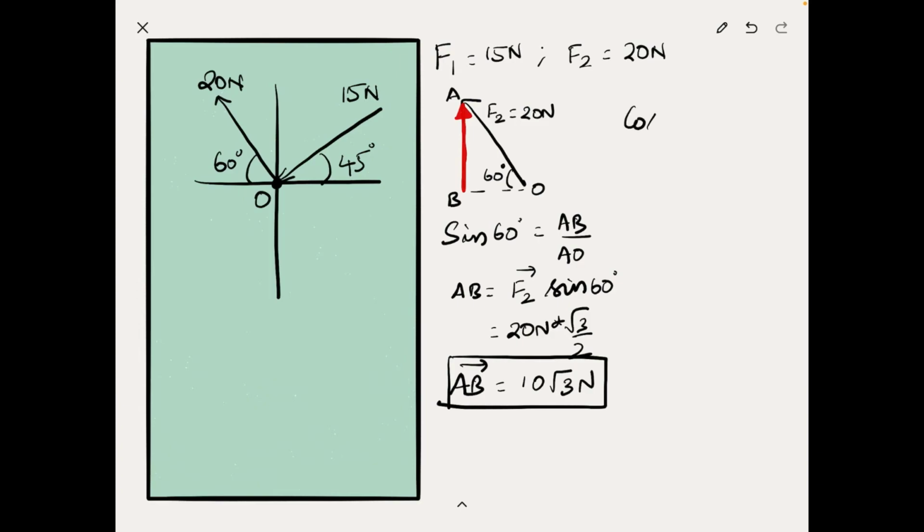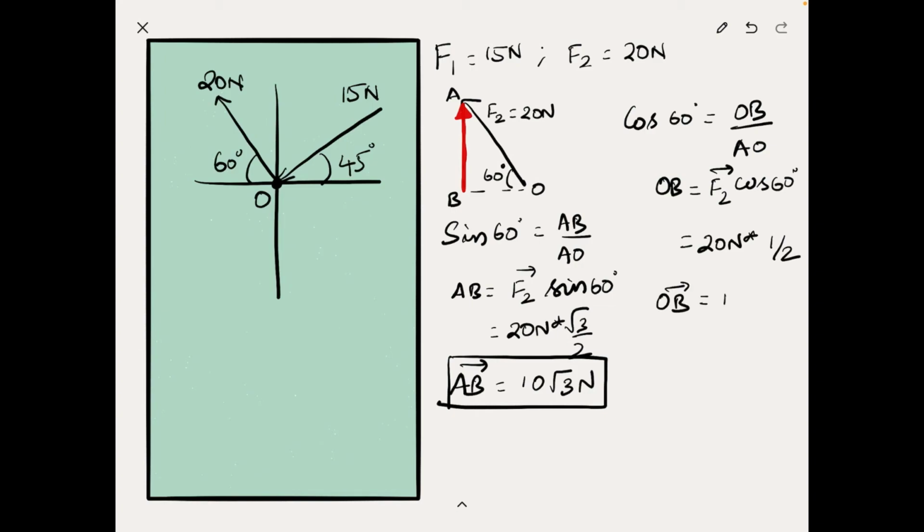So cos of angle 60 would be OB divided by AO, and OB will lead to F2 times cos of 60 degrees. So since AO is equal to F2, which is 20 Newton, times cos of 60, which is 1 by 2, we would get OB vector as 10 newtons.